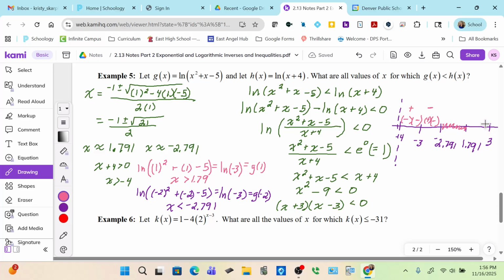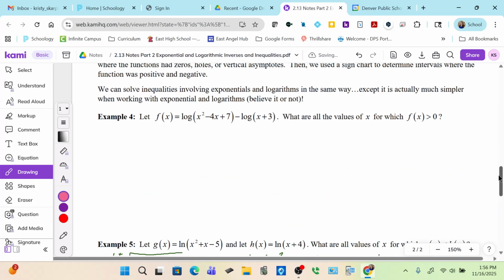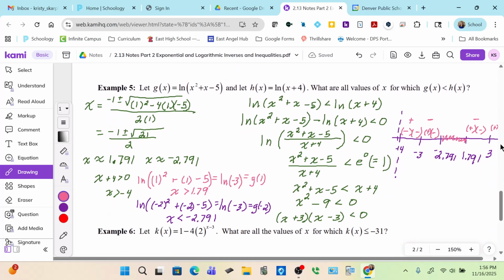So let's just go ahead and use a 2. 2 plus 3 is positive. 2 minus 3 is negative. So there's another negative interval. And if I use 4, I'm going to have a positive times a positive, and I'm running out of room. Positive times positive is going to be a positive.